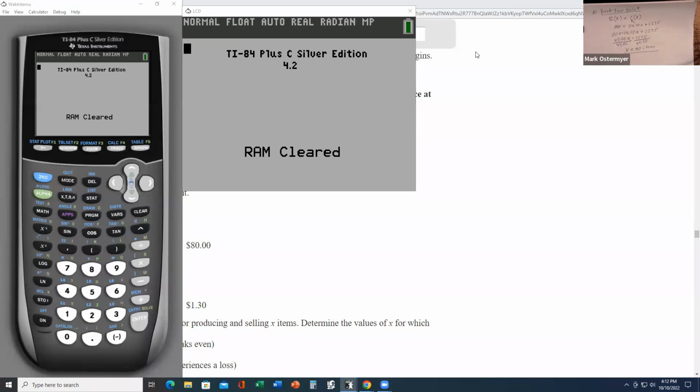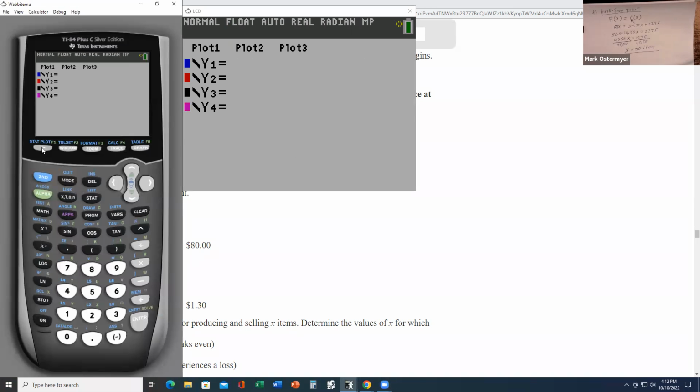I go to Y equals, my equation editor, and then for Y1, I'm going to type in my revenue function, 80x. Below that, Y2, I'm going to type in my cost function, which was 34.50x plus 2275. That's my cost function. My revenue function will be in blue. My cost function will be in what? Red, correct?